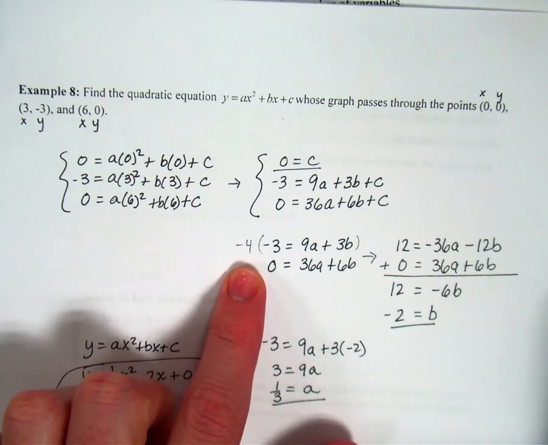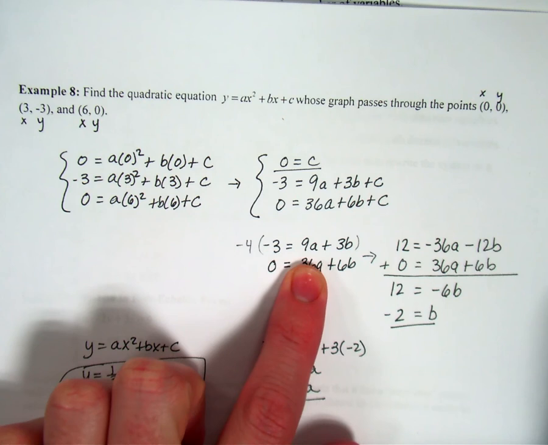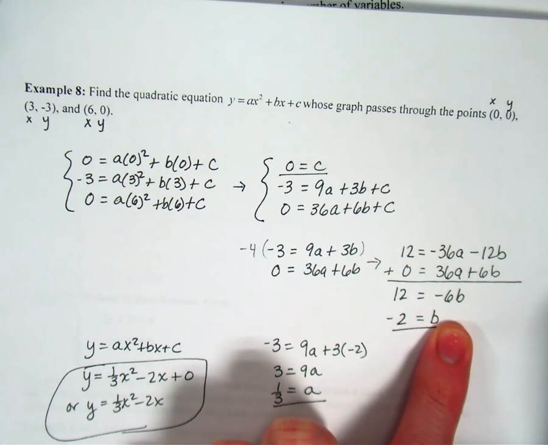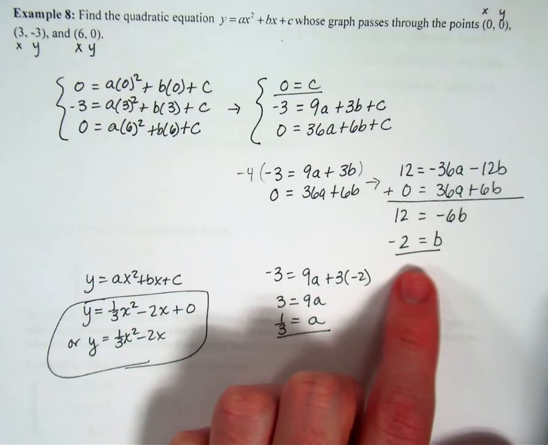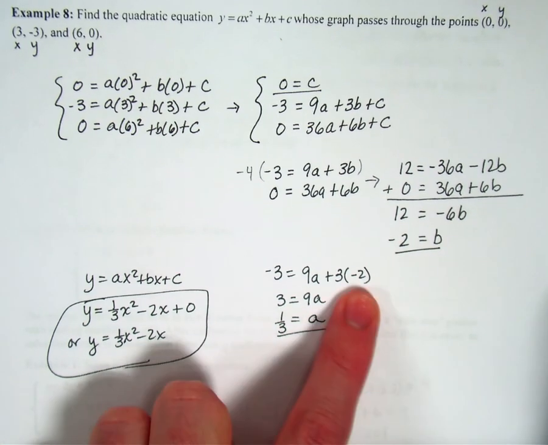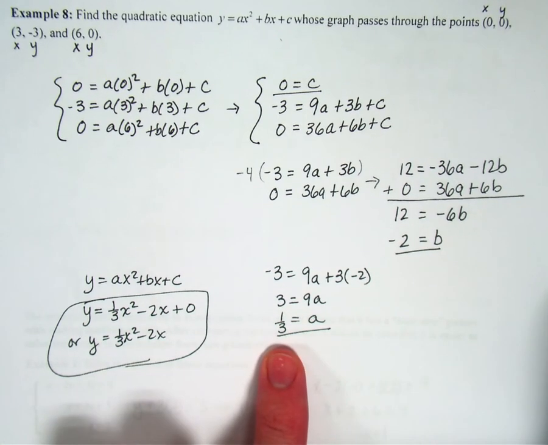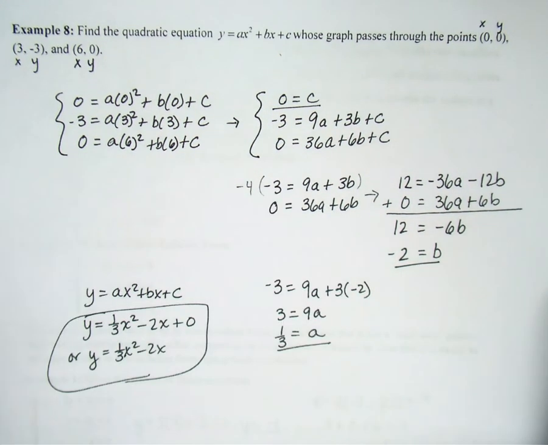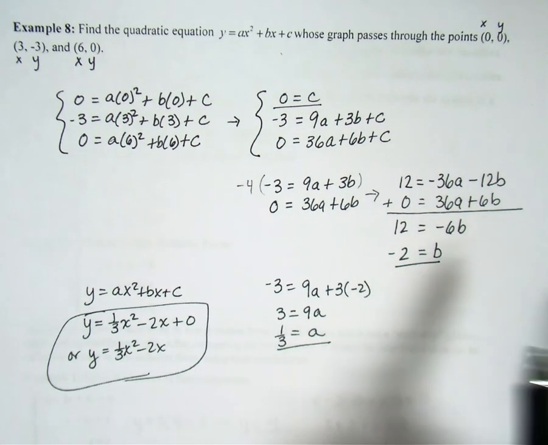Let's multiply the whole top row by negative 4. We're going to cancel out our a's. We'll get negative 6b equals 12. b is negative 2. We already have c equals 0. Plug those back in and solve for a, and we get a third. So a is a third, b is negative 2, and c is 0 from earlier.